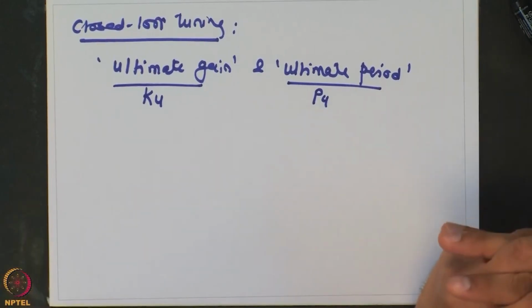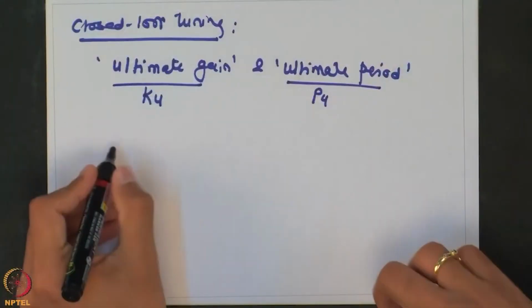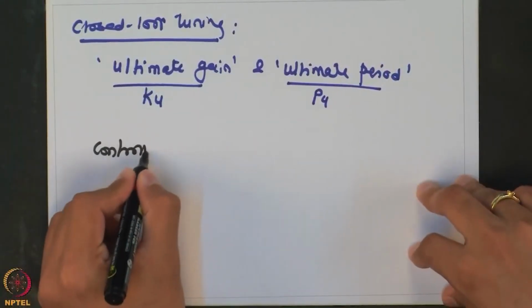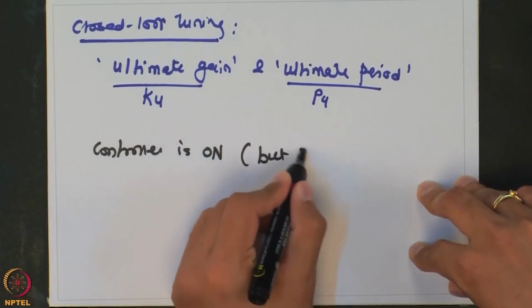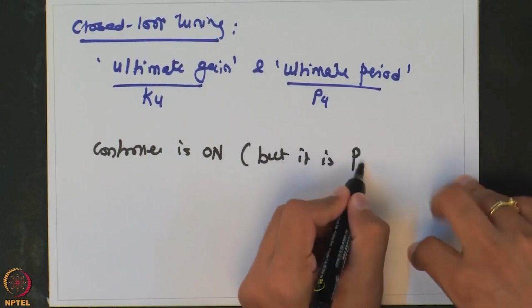For this closed loop tuning, you have the controller on. The only difference is that it is a proportional controller.